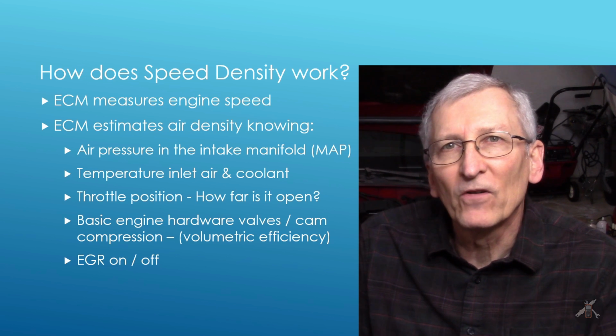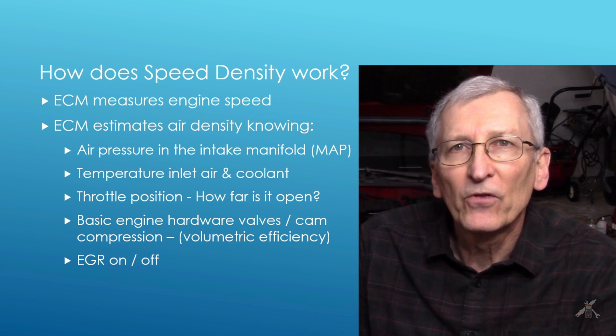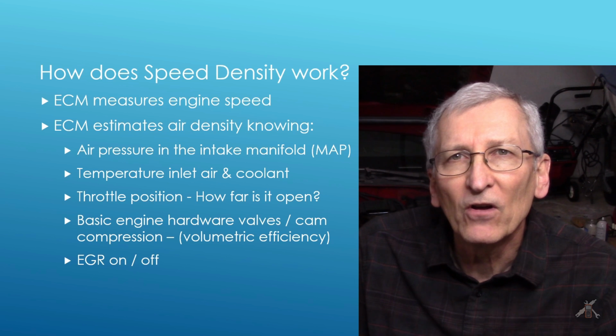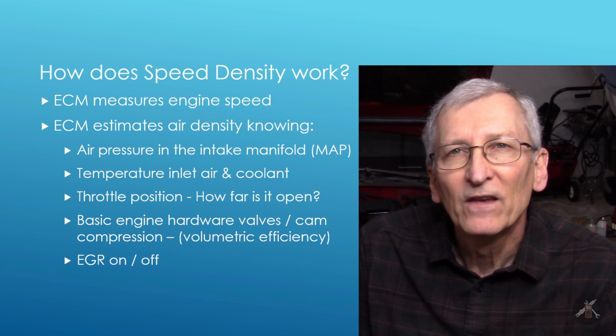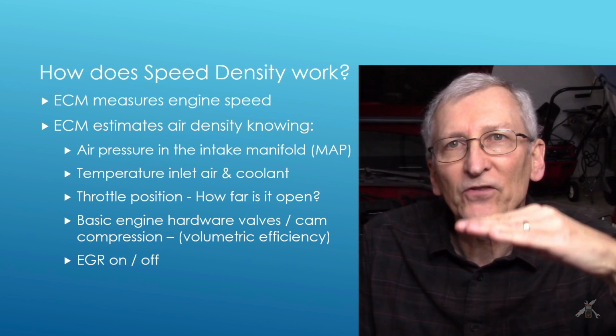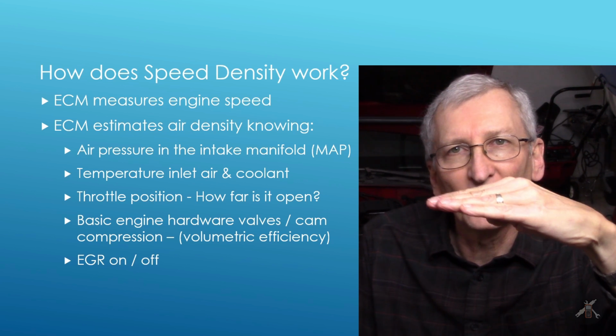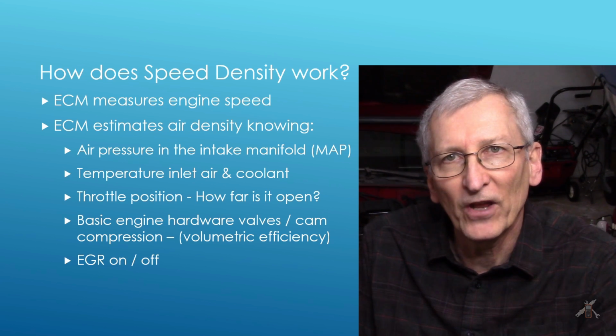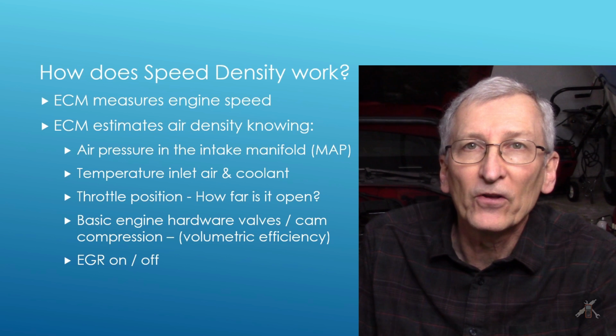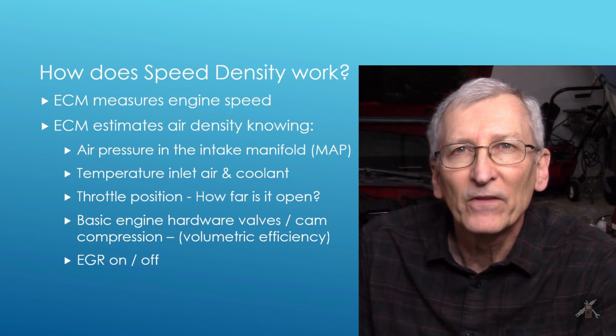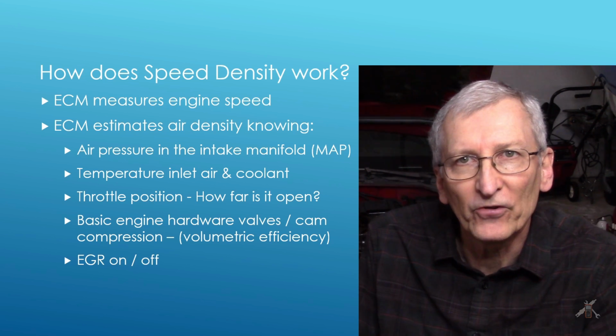And then this is the basic engine hardware, right? There's a thing in engine engineering they call volumetric efficiency. If you take a piston and it starts at the top of the cylinder and goes down, it's going to draw in a certain volume of air. That's 100% volumetric efficiency.